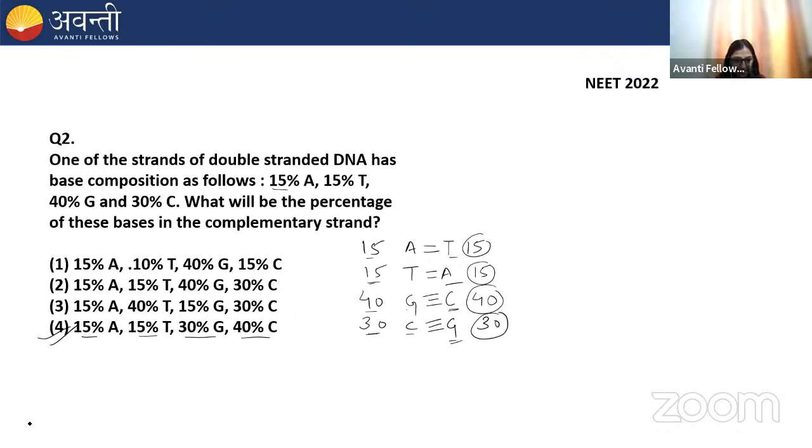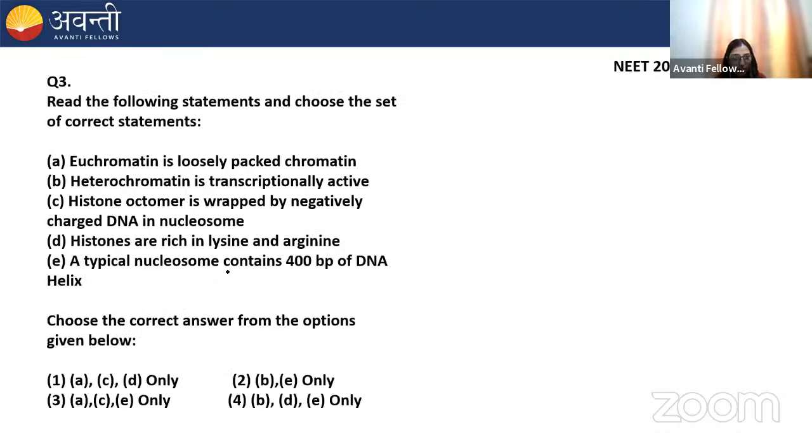Now moving next. Read the following statements and choose the set of correct statements. A, euchromatin is loosely packed chromatin. B, heterochromatin is transcriptionally active.